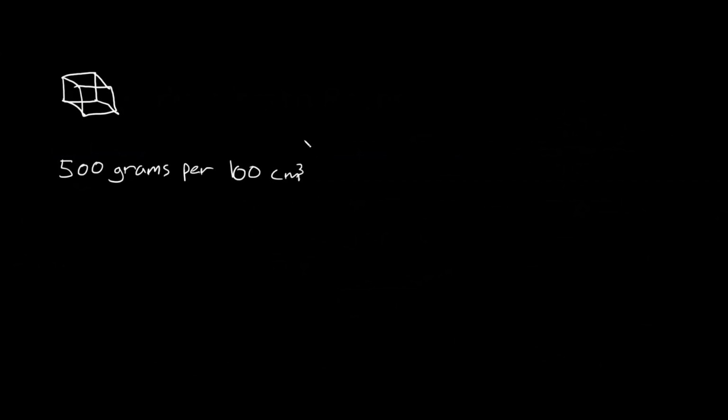So in order to do this problem, we need to know the formula for density, which we can write. Density is just equal to an object's mass divided by its volume. And we want to know the density in 1 cubic centimeter. So we can rewrite this as a ratio.